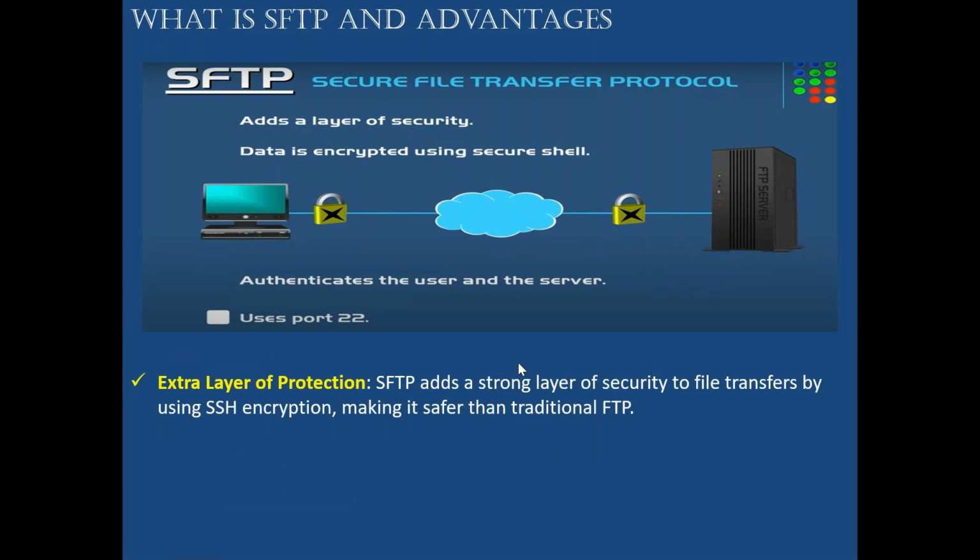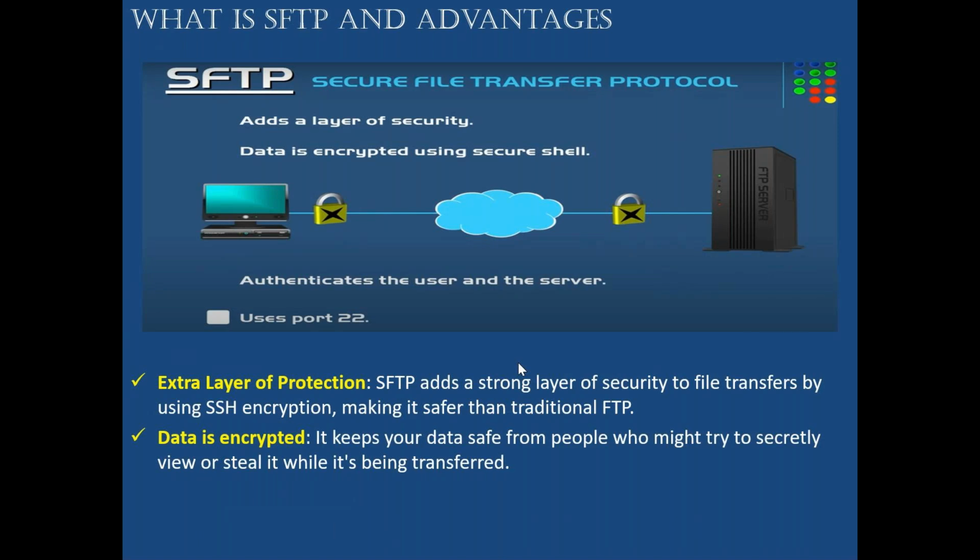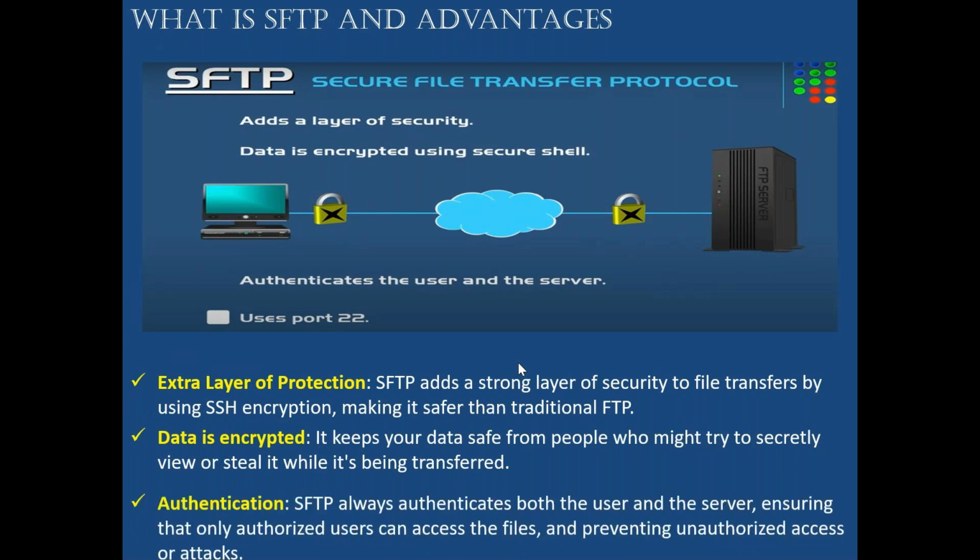The advantage of SFTP is that it's an extra layer of protection. SFTP adds a strong layer of security to file transfer by using SSH encryption, making it safer than traditional FTP. Data is encrypted. It keeps your data safe from people who might try to secretly view or steal it while it's being transferred.